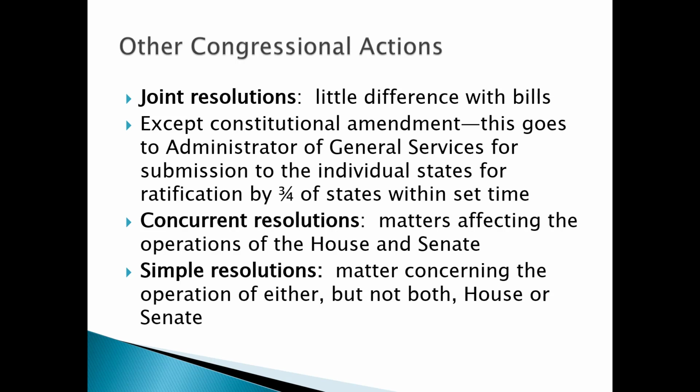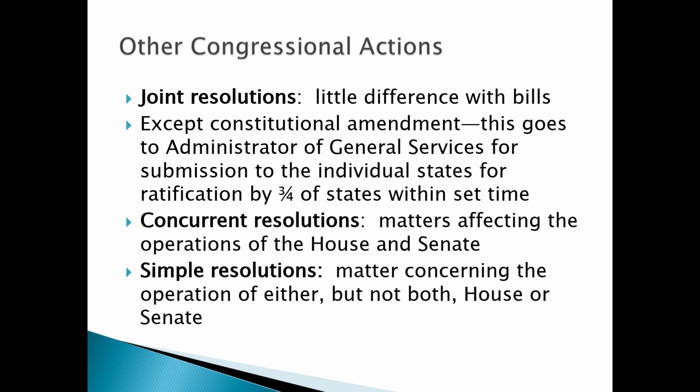There are some other examples where there's a change to a constitutional amendment. This goes to the Administrator of General Services for submission to each of the individual states for ratification by 3/4 of the states within a set time.